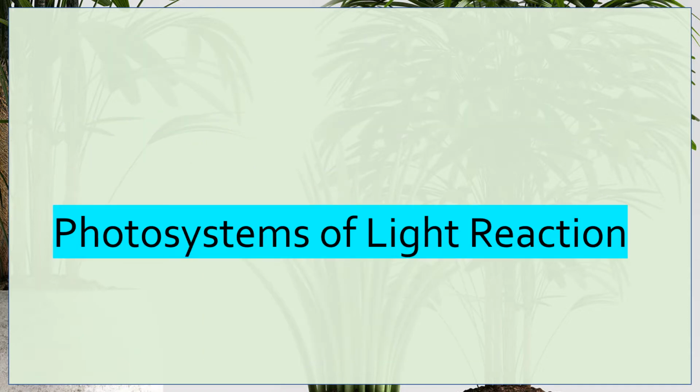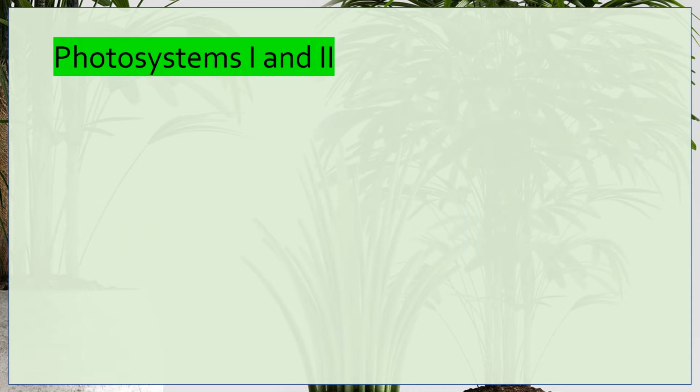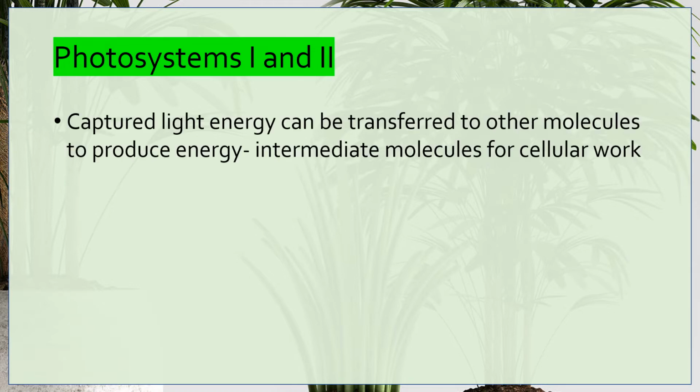Okay, so the photosystems of the light reactions. Breaking these apart, photosystems 1 and 2. Captured light energy can be transferred to other molecules to produce energy and intermediate molecules for cellular work, very similar to cellular respiration.